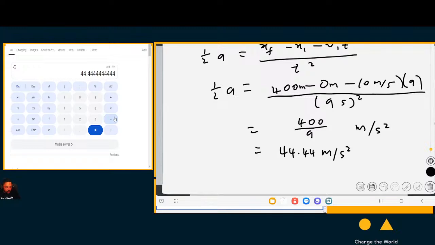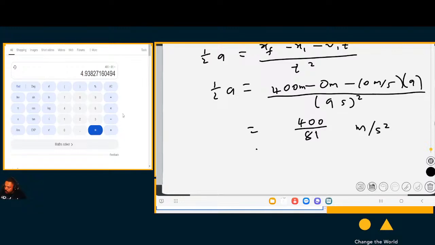But please note, oh, I did not square, sorry. I forgot to square here. There's the problem. 9 squared is 81, correct? Should be 81 seconds squared. So it should be 400 divided by 81.